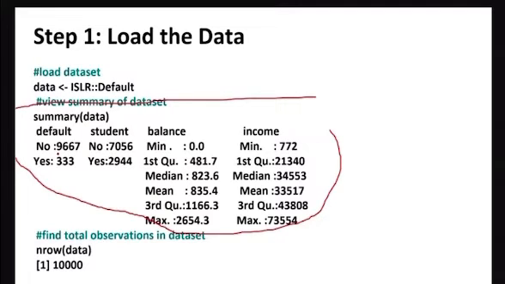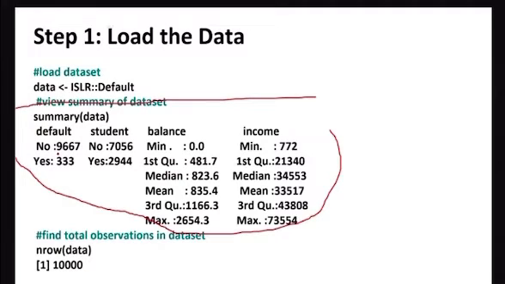Out of the 10,000 customers in that bank, 9,667 have not defaulted, while 333 have defaulted. Then 7,056 are students. I'm talking about their customers right now. And 2,944 are students, and 7,056 are non-students.